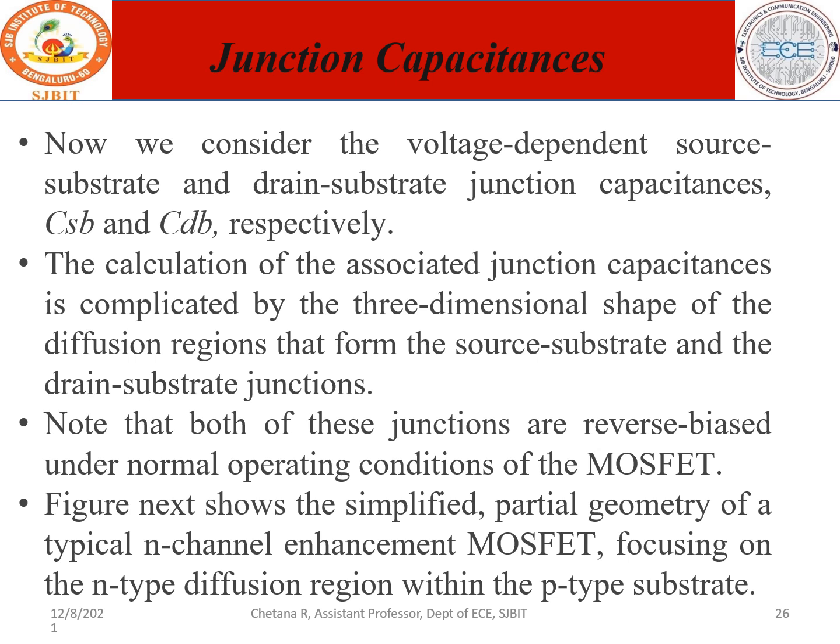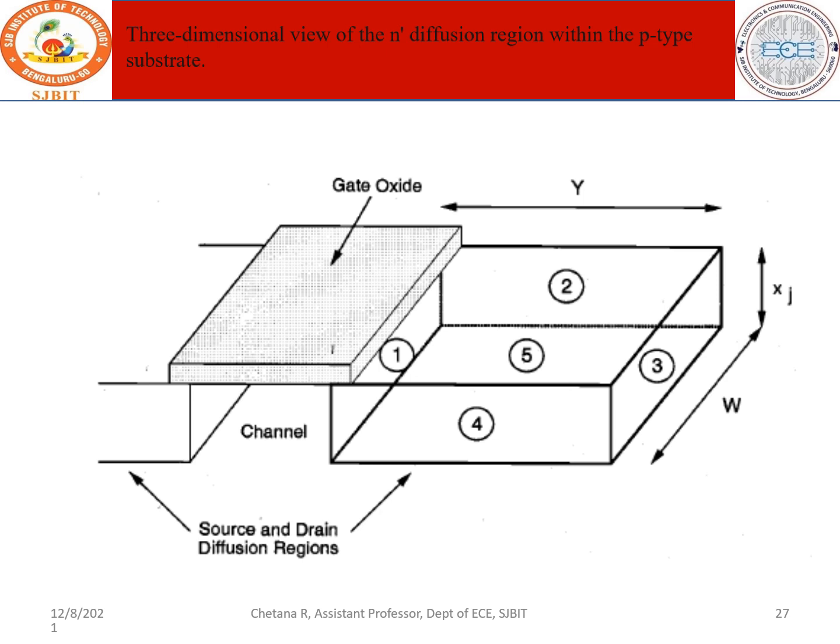Next we have the junction capacitances. One is the oxide capacitance and next is the junction capacitance. This happens wherever we have junctions. We consider the voltage dependent source-substrate and drain-substrate junction capacitances. So we have one capacitance at the source and at the drain with respect to the substrate. From a three-dimensional diagram, this is how the junctions are seen.